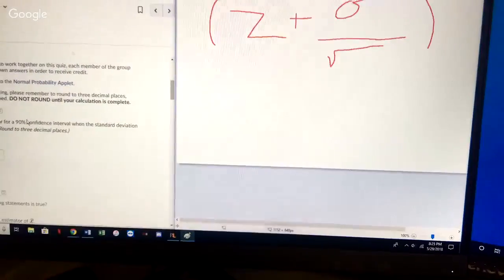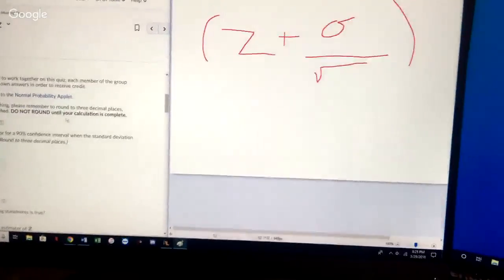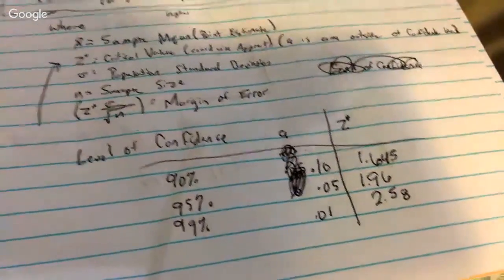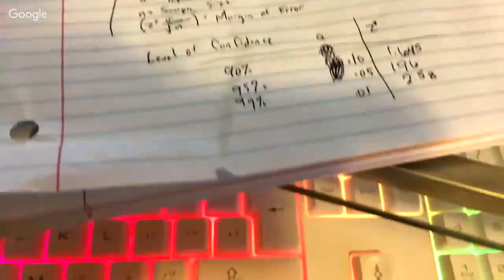Okay, so we know Z, if you go to this table right here, that was in the reading. So it's like 1.65. Yes.